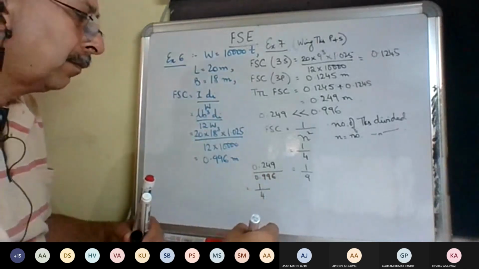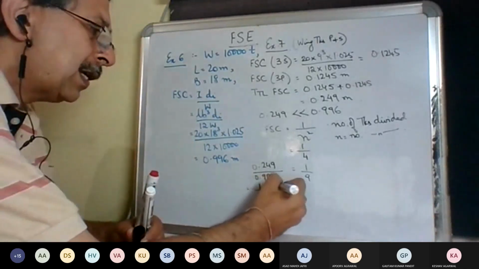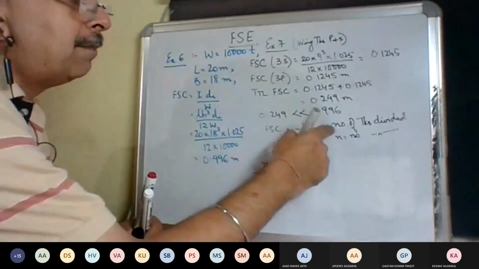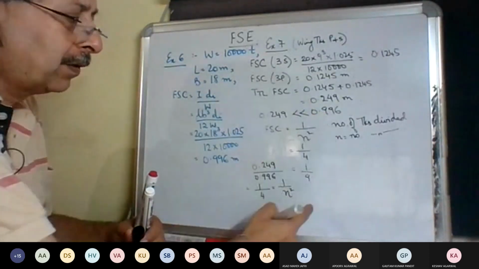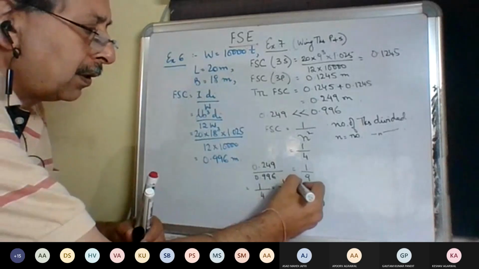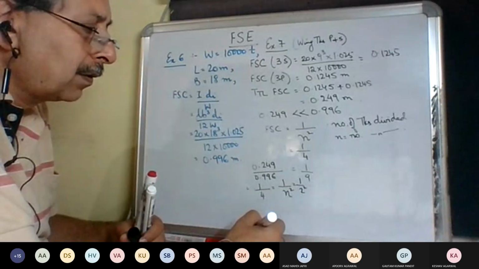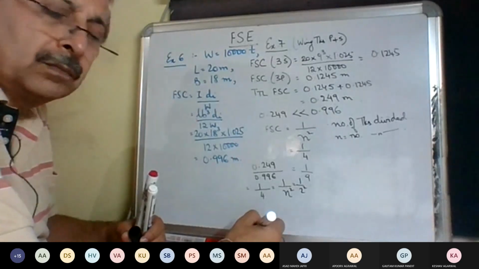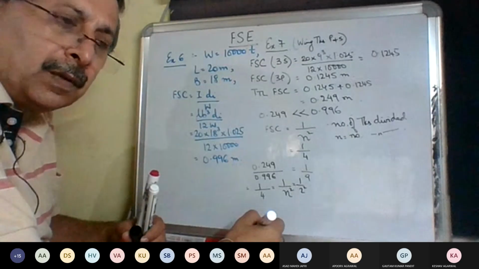Yes, sir. So can I write this as 1 upon n square, where n is the number of tanks divided, which is equal to 1 upon 2 square? Agreed?